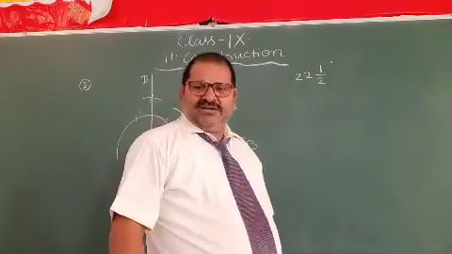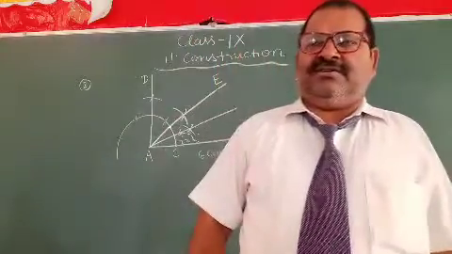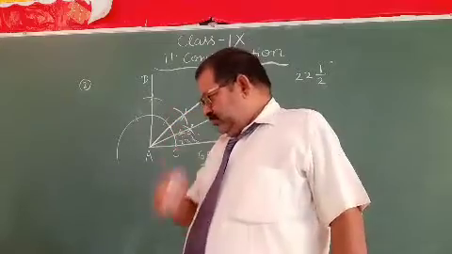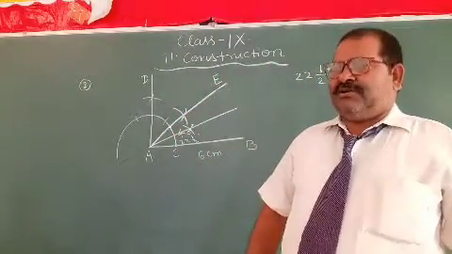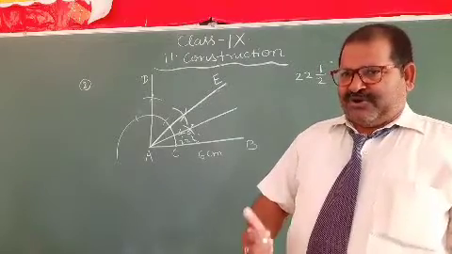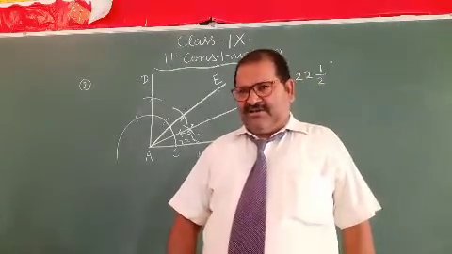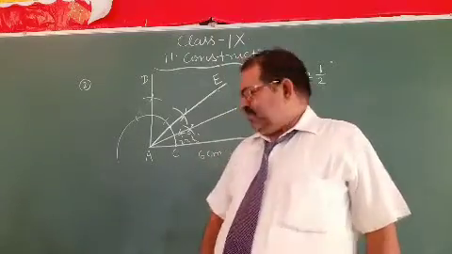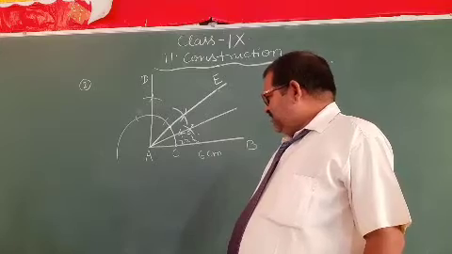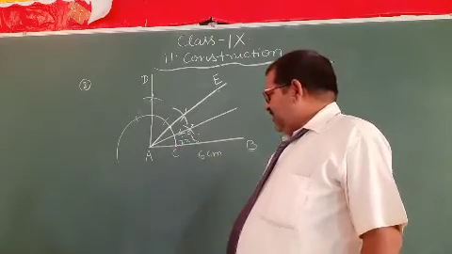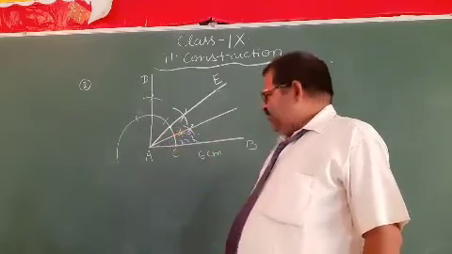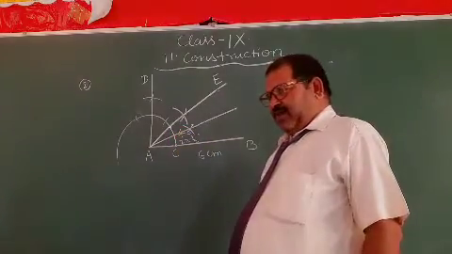Now for the construction, we add some points to the construction of 45 degree, one or two points. Take the compass at the point C and make half of the angle to construct the arc.